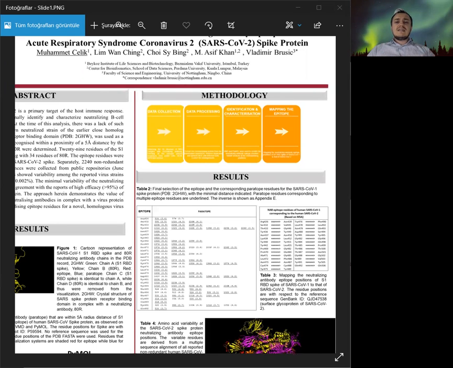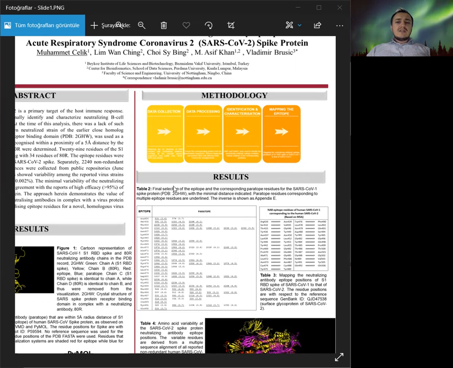We then analyzed the selected 3D structure to map the neutralizing antibody epitope on SARS-CoV-1 and the corresponding paratope on the antibody. The identified epitope sites were then mapped to SARS-CoV-2 through an alignment correspondence. The mapped sites were then analyzed for their diversity by use of this alignment. So this was the workflow we used.